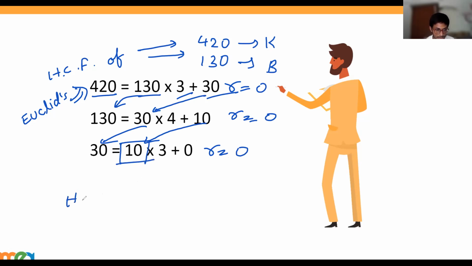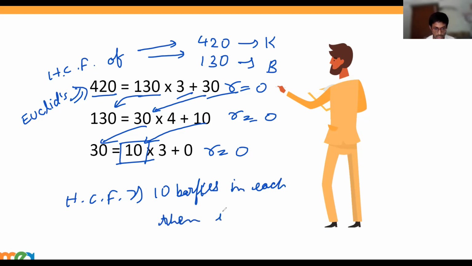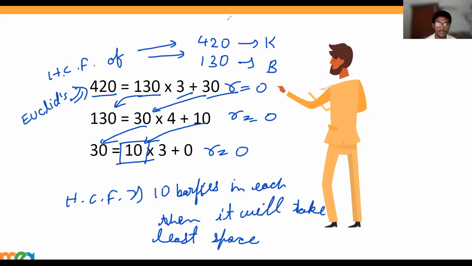If we divide into stacks having 10 burfis in each, it will take the least space and will have an equal number of burfis in each stack.